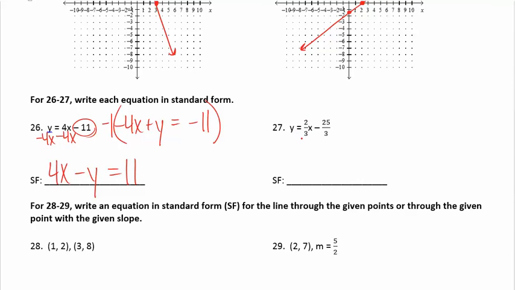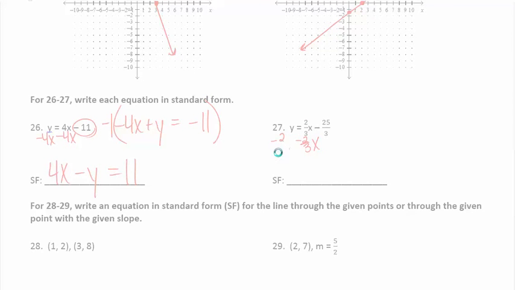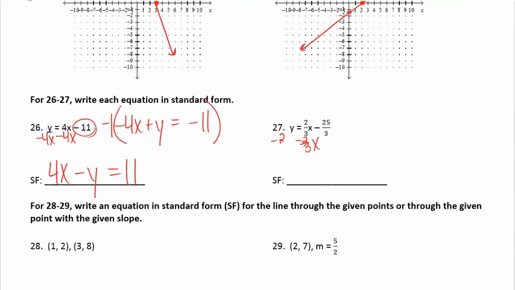27, we're going to subtract 2/3 x to the other side. So when you subtract 2/3 x to the other side, you get -2/3 x plus y equals -25/3. Again, we don't want a negative x term, but we also don't want fractions, so we're going to get rid of both at the same time by multiplying by a -3.